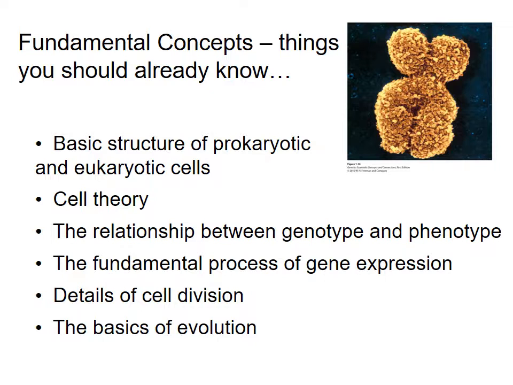All right, so what are the things you need to know? What you need to know from chapter 1 is the wrong concepts of inheritance: the preformationism, the pangenesis, the blending, the inheritance of acquired characteristics. You need to know that germplasm theory is part of the correct concept of inheritance.